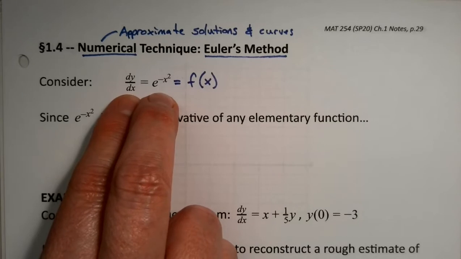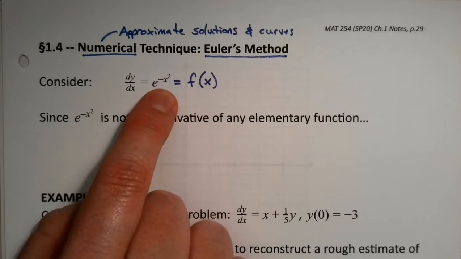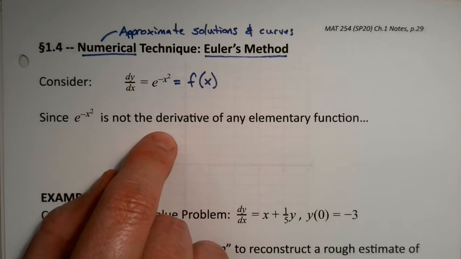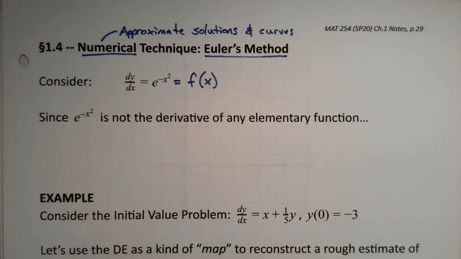The problem is integrating this thing with respect to x is a real pain, because it turns out that thing is not the derivative of any elementary function. So there's no natural log, no exponential, no polynomial, no sine or cosine or arc cosine or hyperbolic cosine or anything like that that you've seen before that has this as a derivative. So we're in a bit of a pickle.